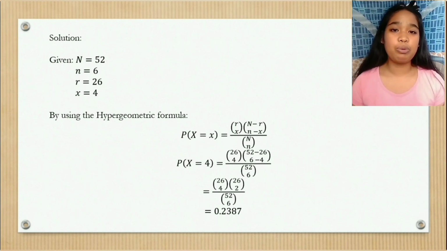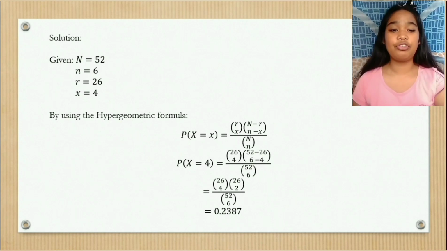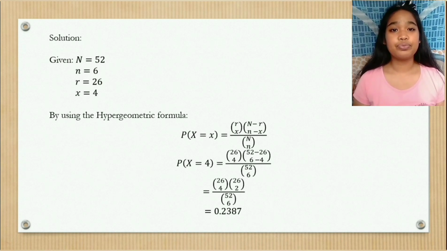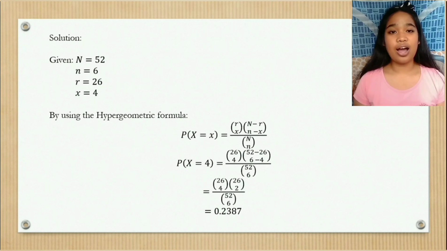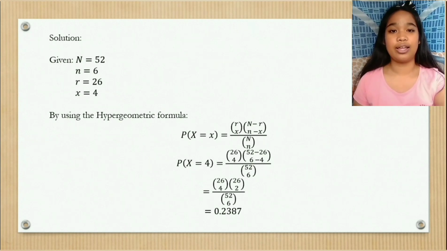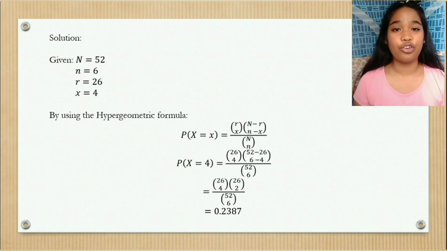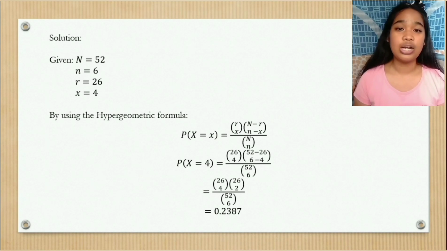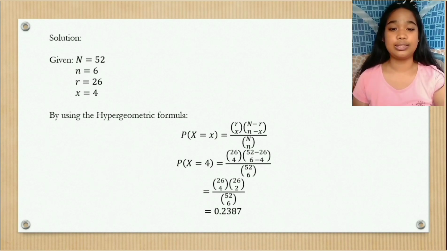By using the hypergeometric formula, the probability of x equals r choose x times N minus r choose n minus x, divided by N choose n. So, the probability of x equals 4 equals 26 choose 4 times 52 minus 26 choose 6 minus 4, divided by 52 choose 6.